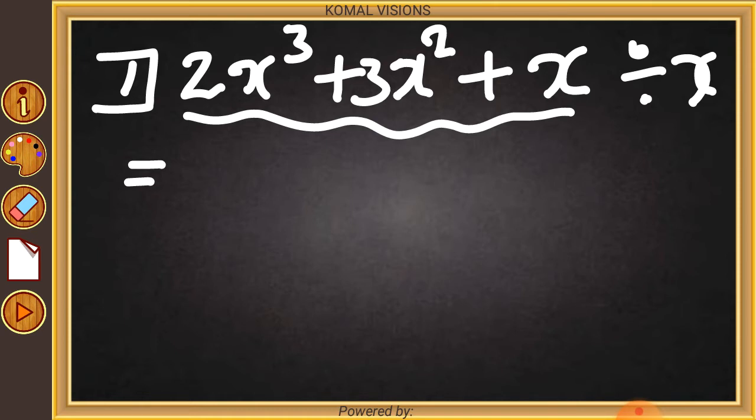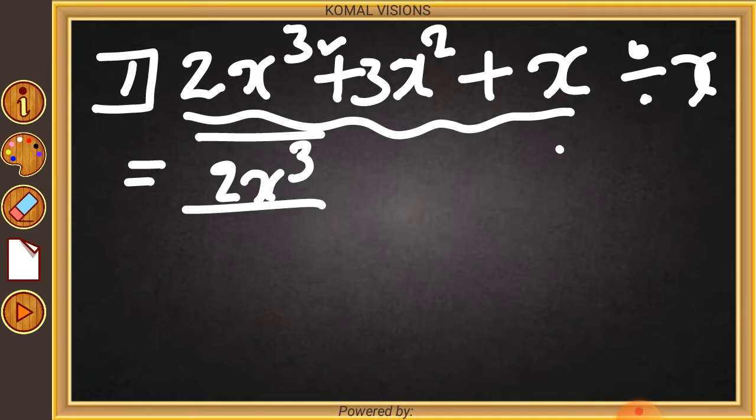This is an algebraic term I have written here, which is nothing but a polynomial, and the degree of this expression is 3, because the highest power is 3 in this expression, and I want to divide the whole expression by x, right? So in the first step itself I am dividing each term by x here.